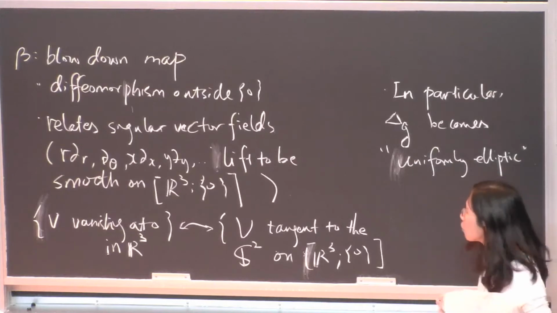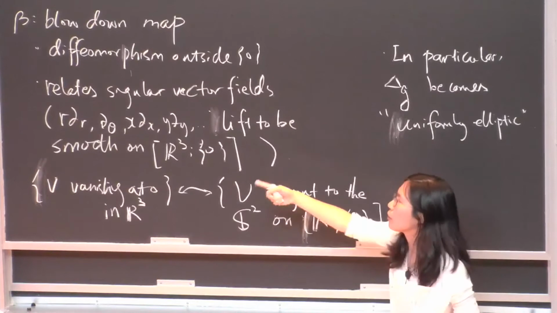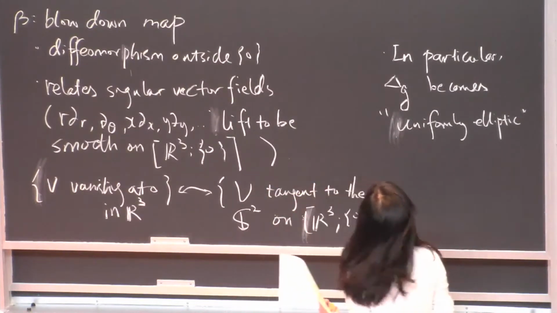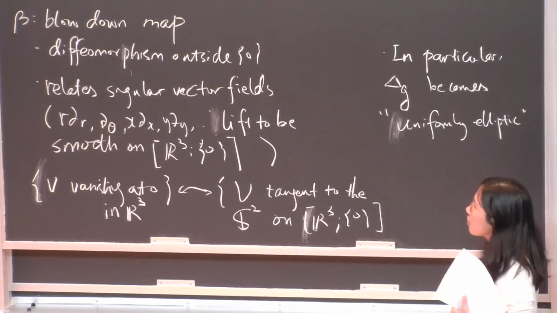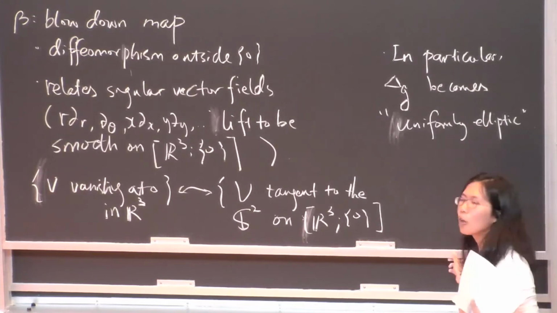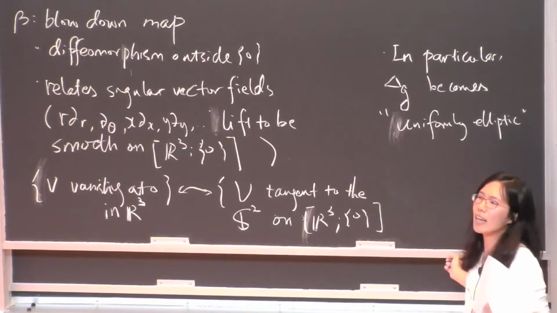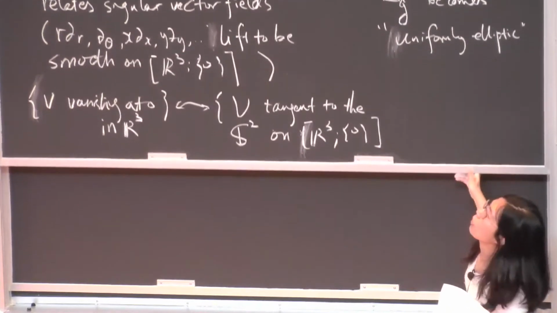And of course, again, you will need to talk about what uniformly elliptic means, if we introduce a new class. I won't be able to say too much, but there's a lot of analysis related to this. In particular, by introducing those new coordinates, we can talk about parametrices, we can talk about Fredholm properties, and we can talk about a lot of mapping properties. Okay, so that's why this is useful.